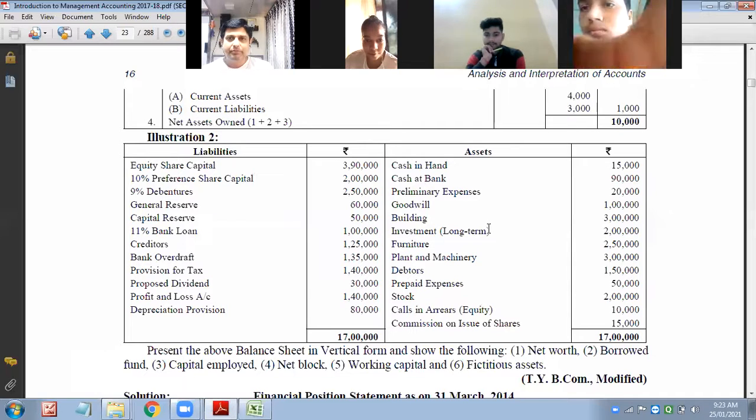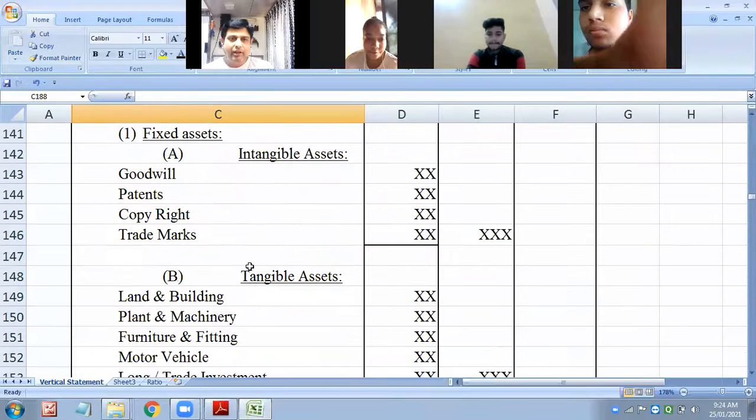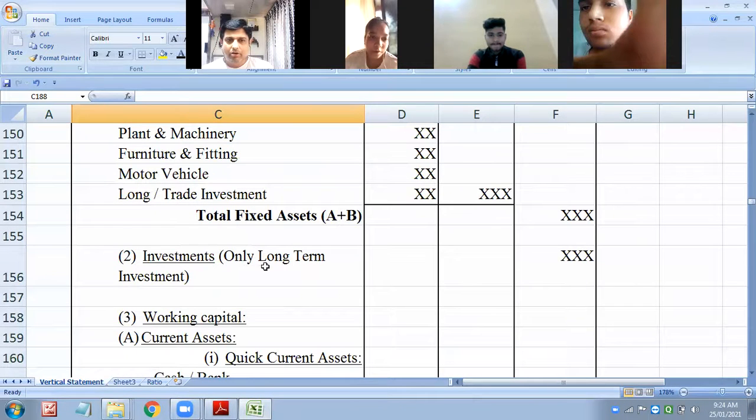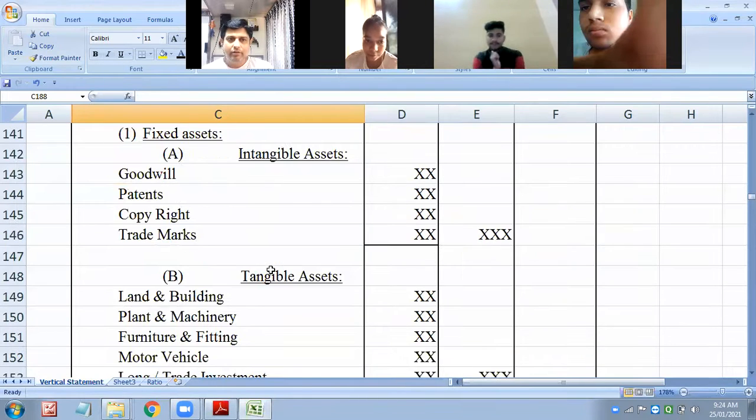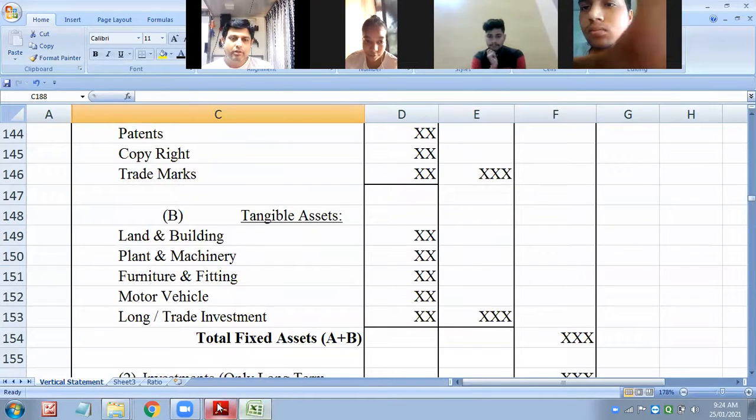Investment, long term, has a different heading. Furniture, fixed asset. Here we are very careful. Fixed asset consists of intangible and tangible. Long term investment has a separate heading.